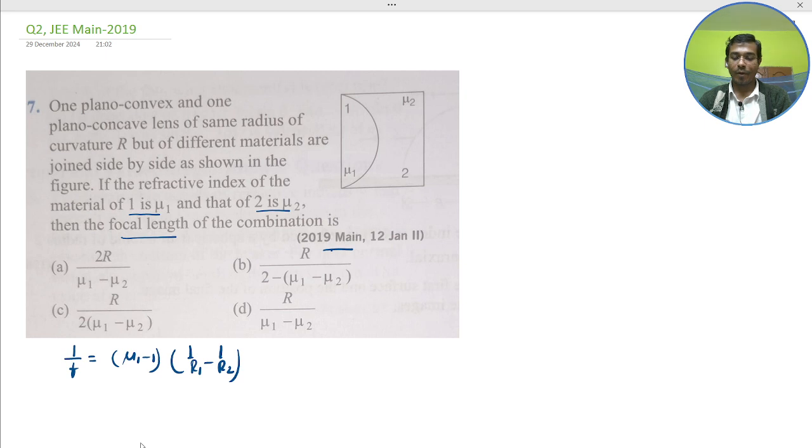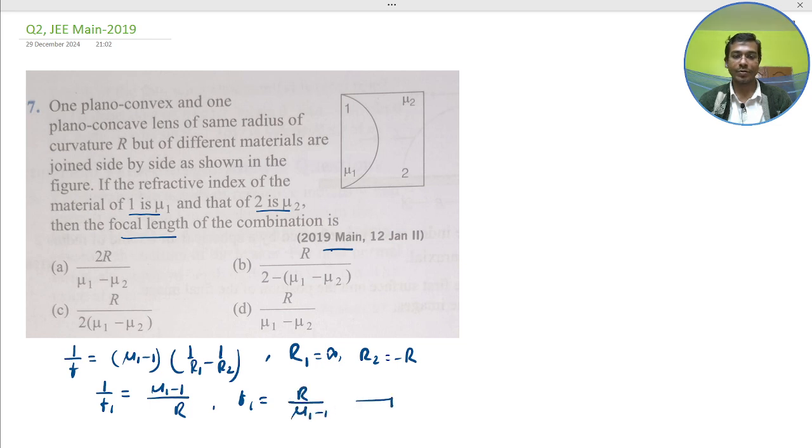Here for the first lens, r1 is infinity and r2 is minus r. Putting in these values, 1 by f1 equals mu 1 minus 1 divided by r. So f1 would be r by mu 1 minus 1. This is equation number 1.